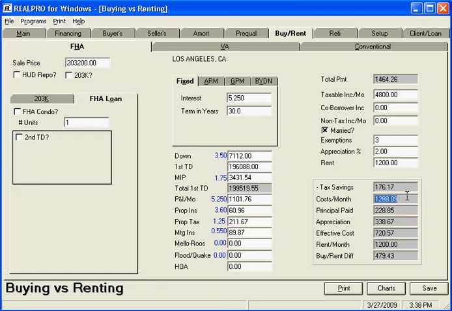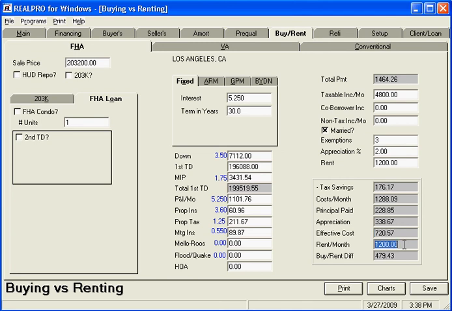Bringing the cost per month down to $1,288.09. Every month you pay down principal, which goes to your equity. So that's another good reason why we want to buy a house. Followed by the appreciation, that's $338 a month, even at a very conservative 2% appreciation, bringing the effective cost down to $720.